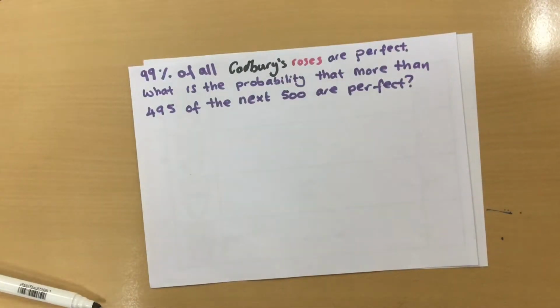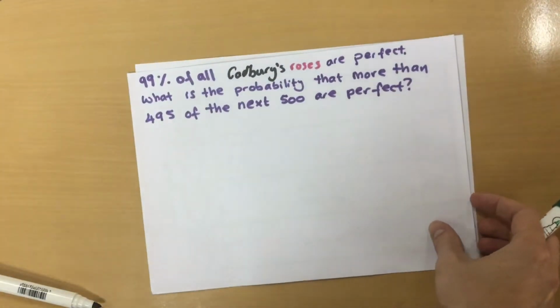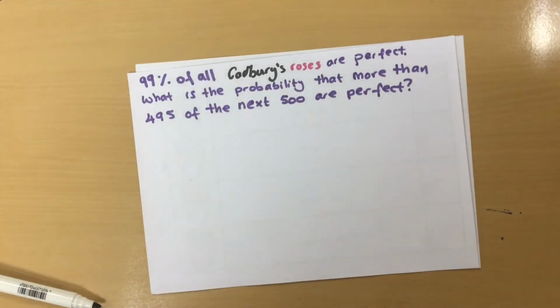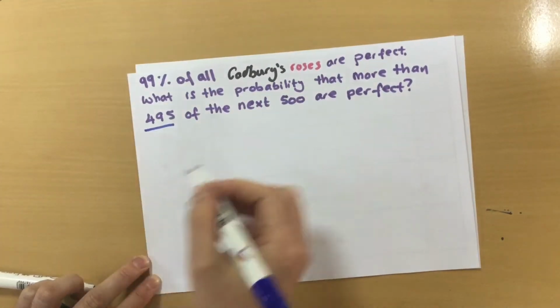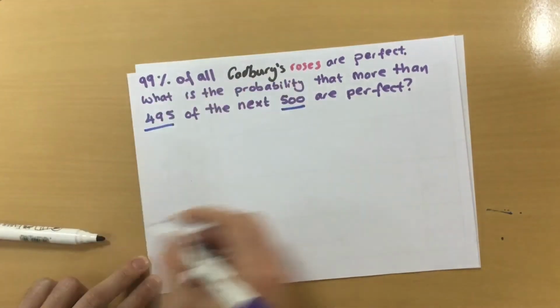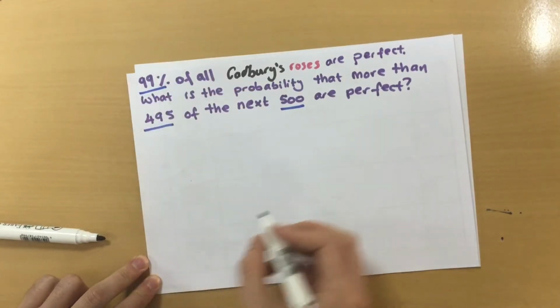Ooh, Cadbury's Roses are my favourite. So 99% of all Cadbury's Roses are perfect. What is the chance that more than 495 of the next 500 are also perfectly delicious? Now, we've got a fixed number of trials, 500. We've got a p of 99%.